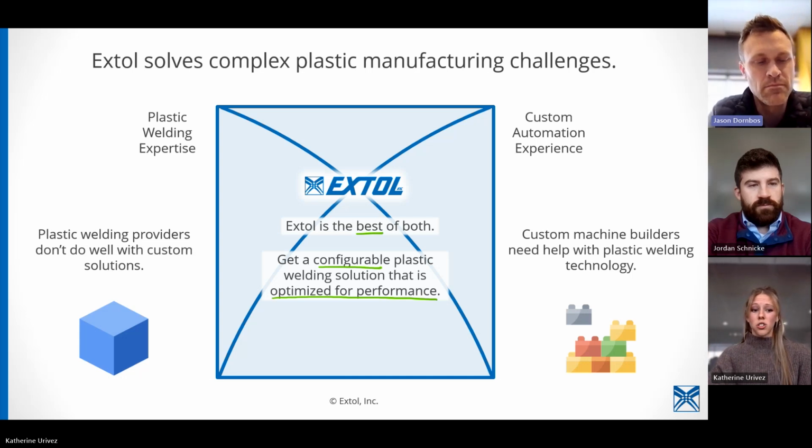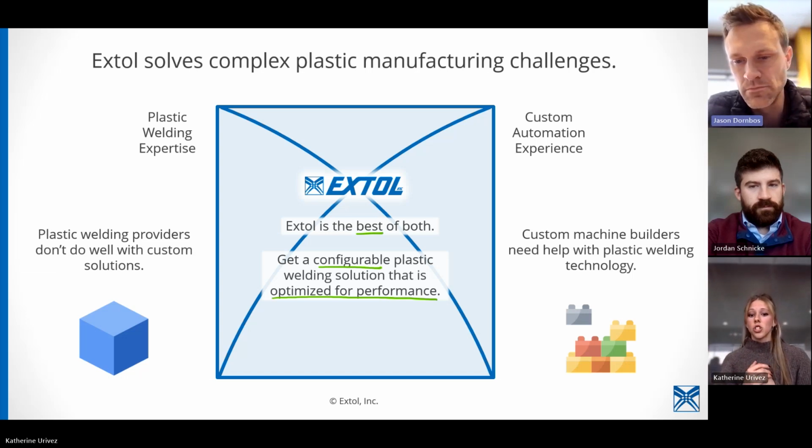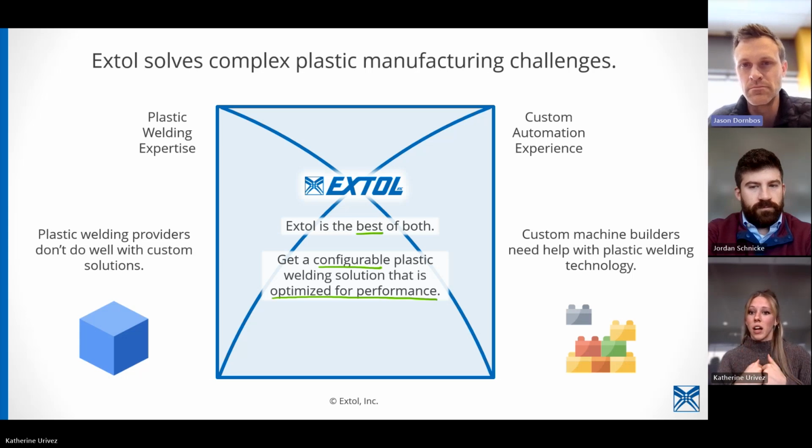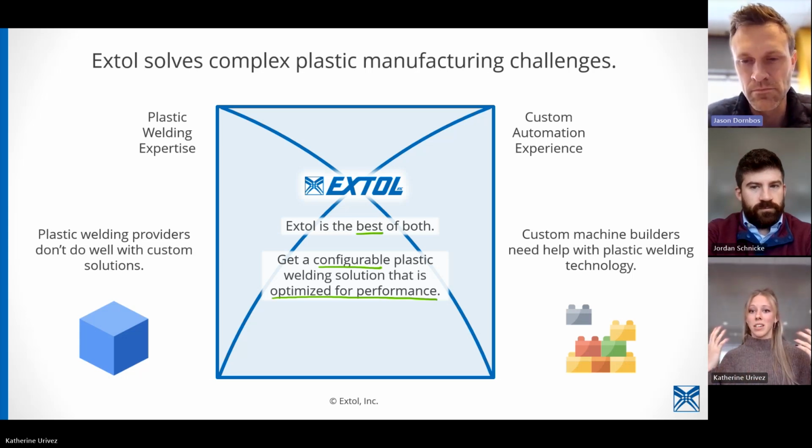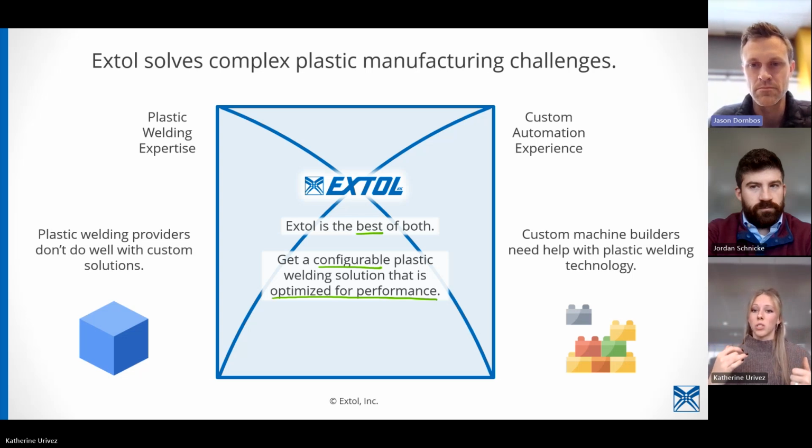Plastic welding providers don't always know the full depth of how to execute custom solutions, whereas custom machine builders don't necessarily have that deep technical knowledge in plastic joining. They can make a machine doing anything under the sun, but the specific expertise as to how the technologies work maybe isn't their strong suit.